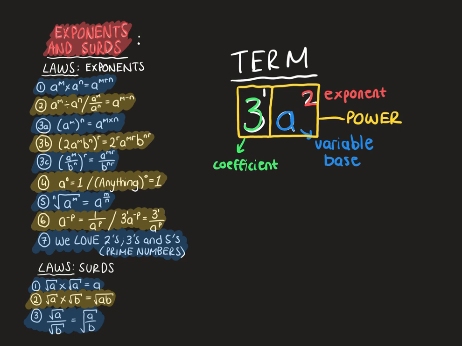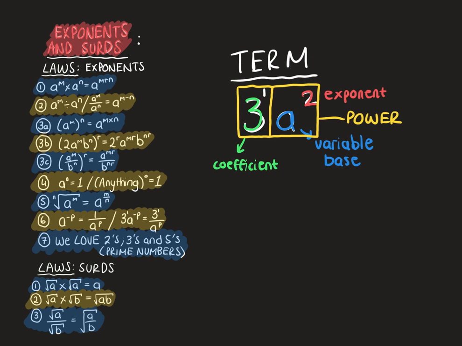A is the base, 2 is the exponent. A power is something that consists of a base and an exponent. 3a squared is a full term. 3 to the 1 is its own power. A squared is its own power. But then again, 3 is the coefficient of the power of a squared.